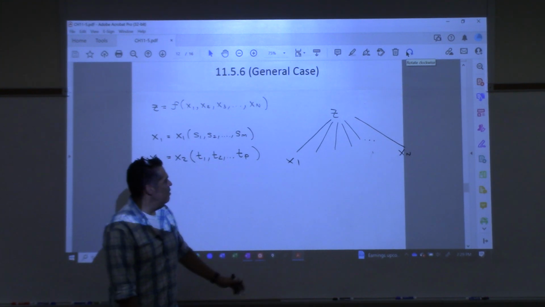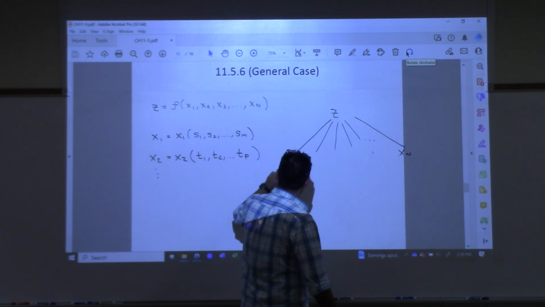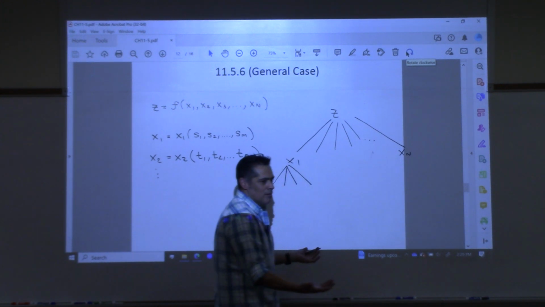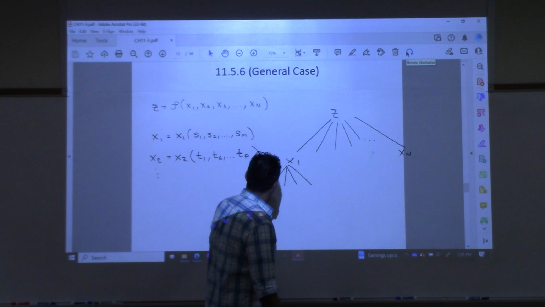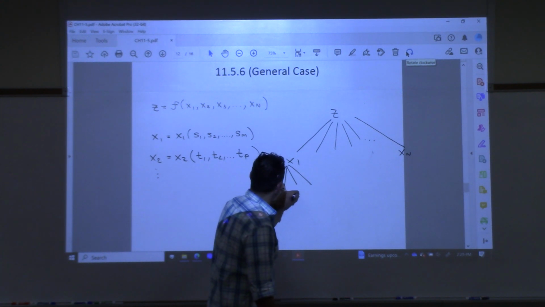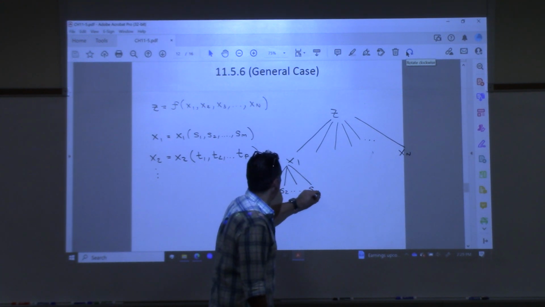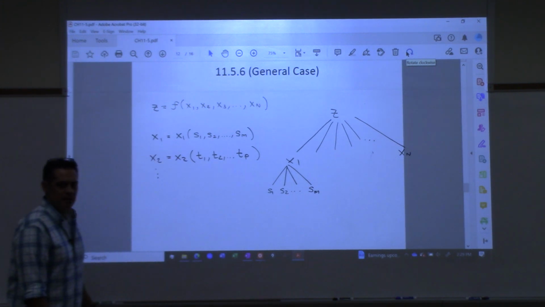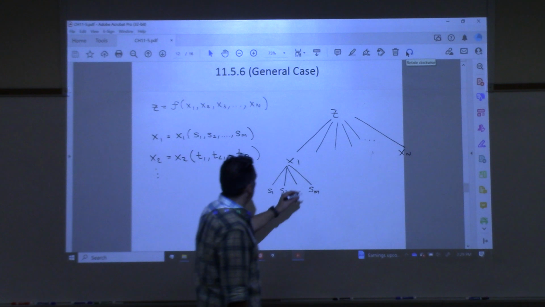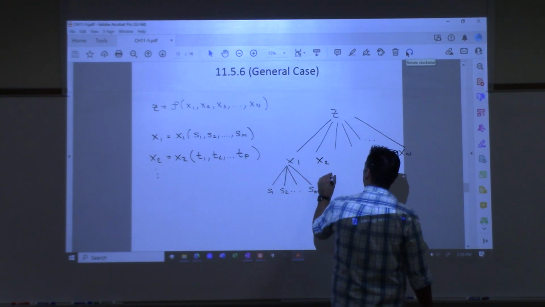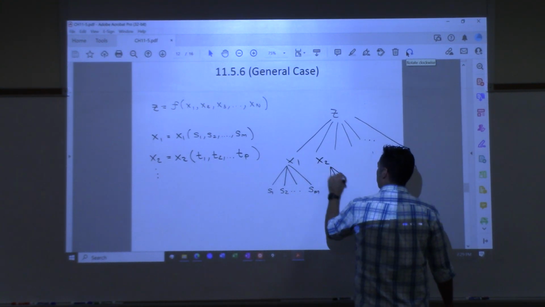And then each of those depends on whatever. So this x1 depends on S1, S2, to Sm. And x2, I'll just put x2 here, depends on its own variables here.